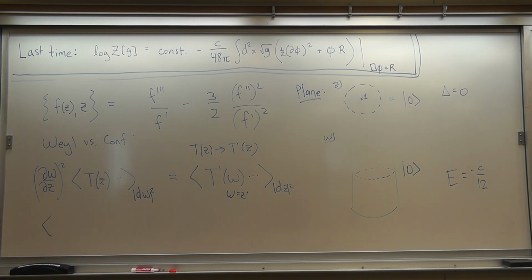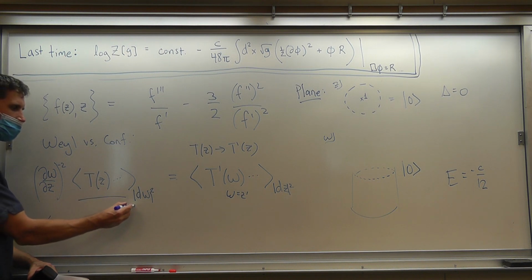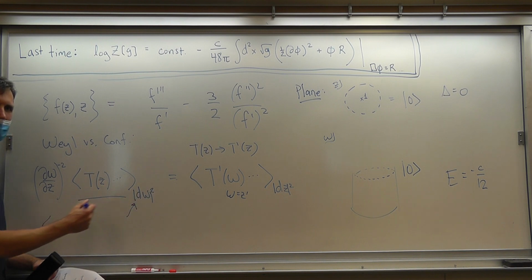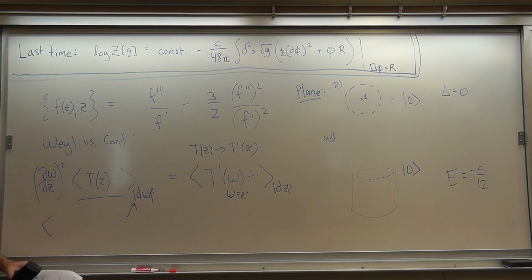They're just changing the operators that they're using. You can interpret it as changing the metric, but when people write correlation functions in 2D CFT, they never write what metric they're using down here. And the reason for that is they're always using the flat metric, the metric on the plane.